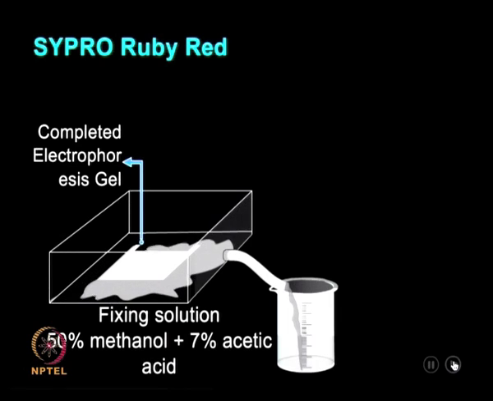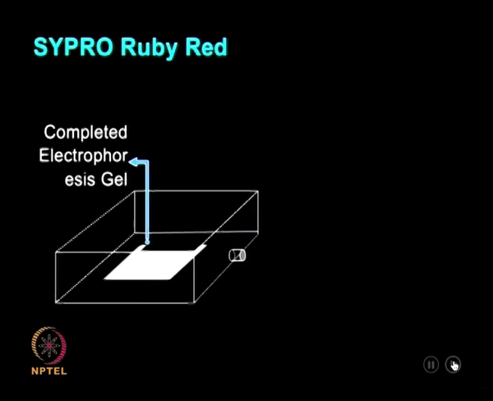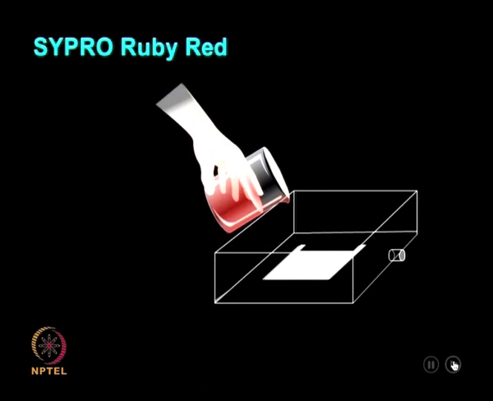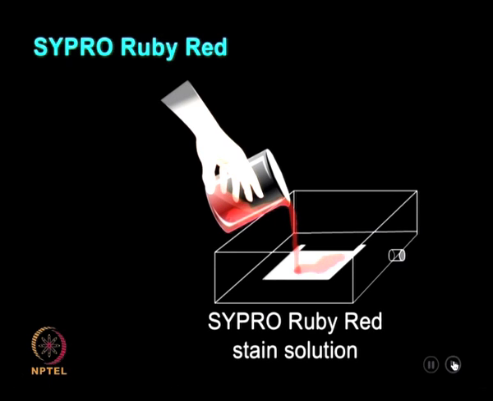After the fixation step, the gel is soaked in the fluorescent SYPRO Ruby Red stain solution.